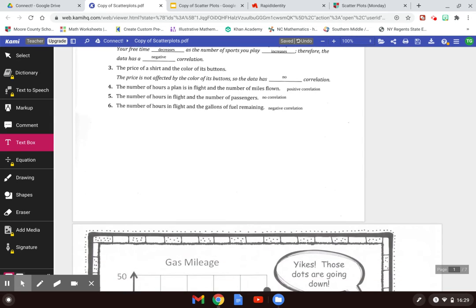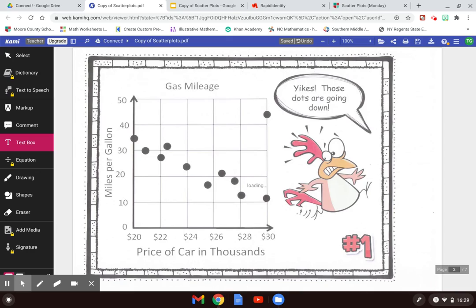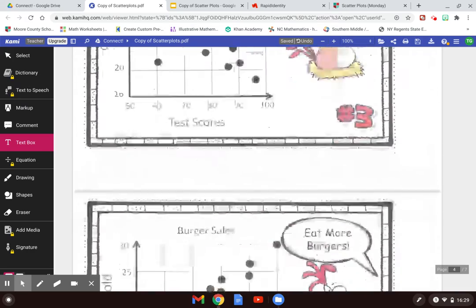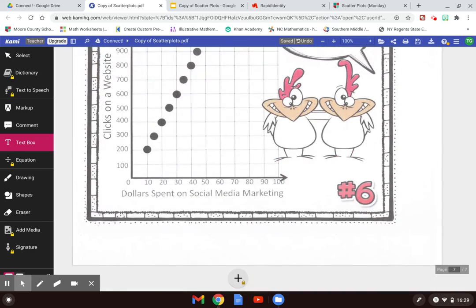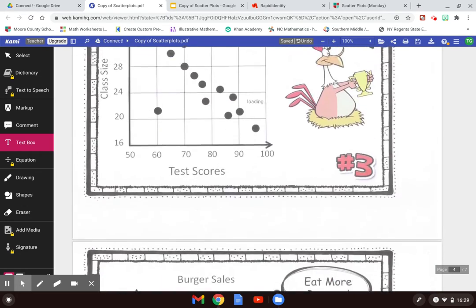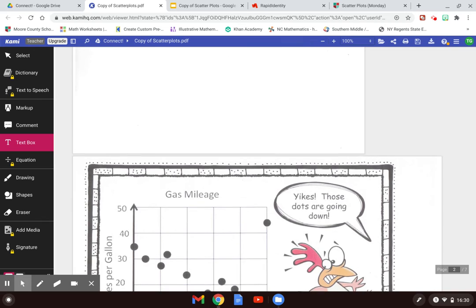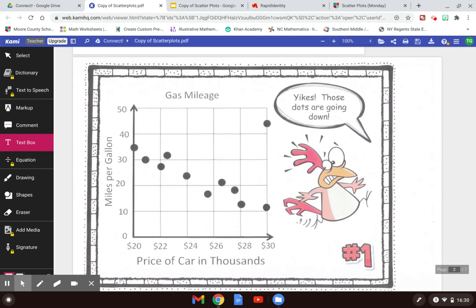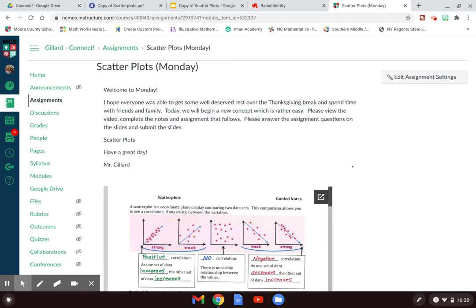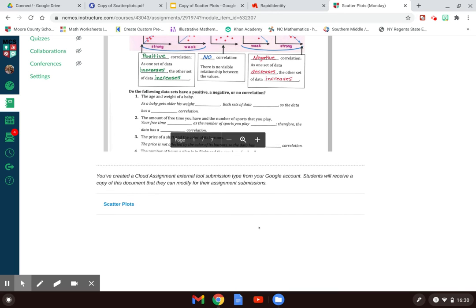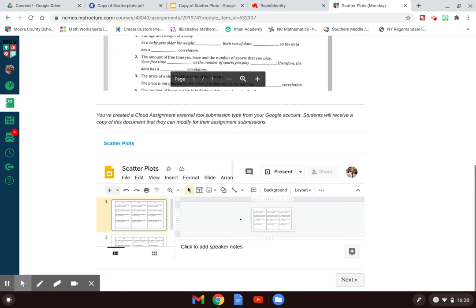If we look down, we have 6 different scenarios that you're going to analyze and interpret the data on each of these. If you notice on your assignment, right below your notes, here is the embed for you to use, and you're just going to submit it once you're done.